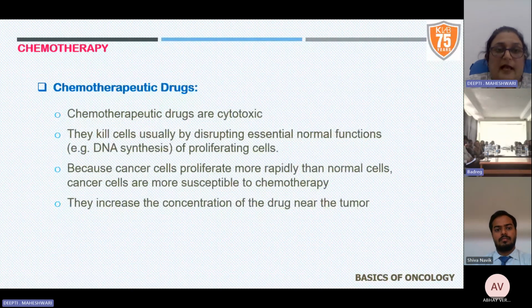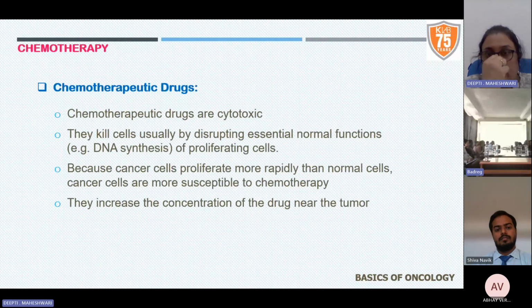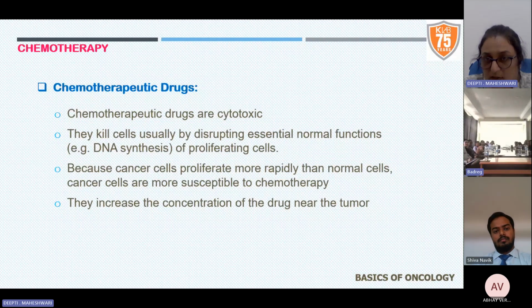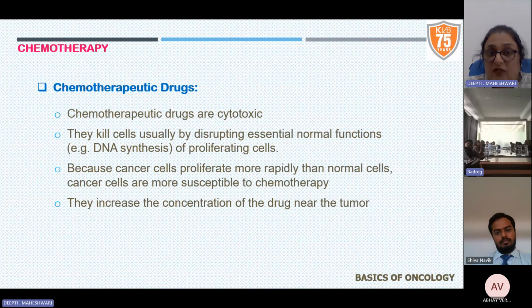Now, what exactly are chemotherapeutic drugs? I have actually explained this, but I'll just take you through these slides once again. Chemotherapeutic drugs are cytotoxic in nature because they are killing the cells, plus they can cause toxicity to the normal cells. Also, they kill cells usually by disrupting the essential normal functions of proliferating cells.